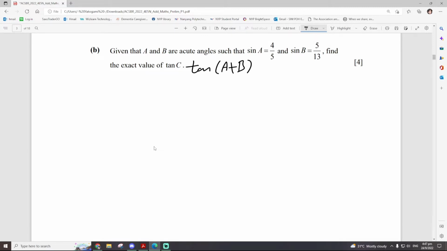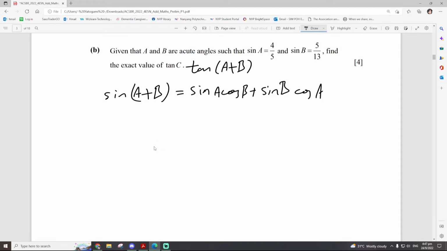And to be able to do that, we need to find sine of A plus B, right? So let's try and find sine of A plus B. Now sine of A plus B is sine A cosine B plus sine B cosine A.